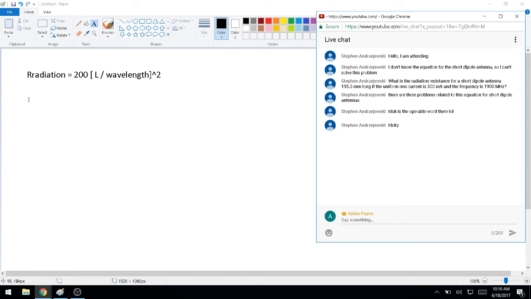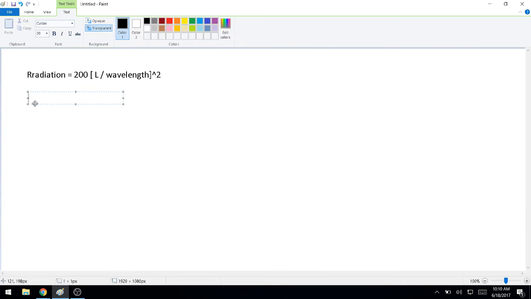And so if we go to plug in the numbers here, we have R equals 200 times, and remember that with length we want to bring it down to the base unit.